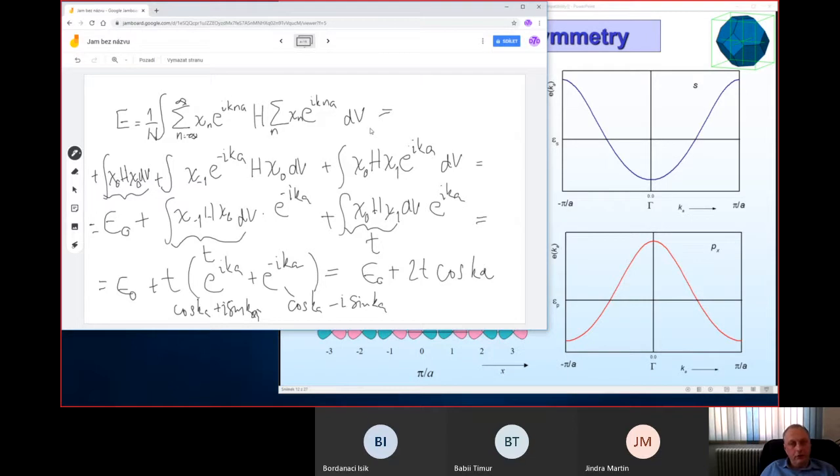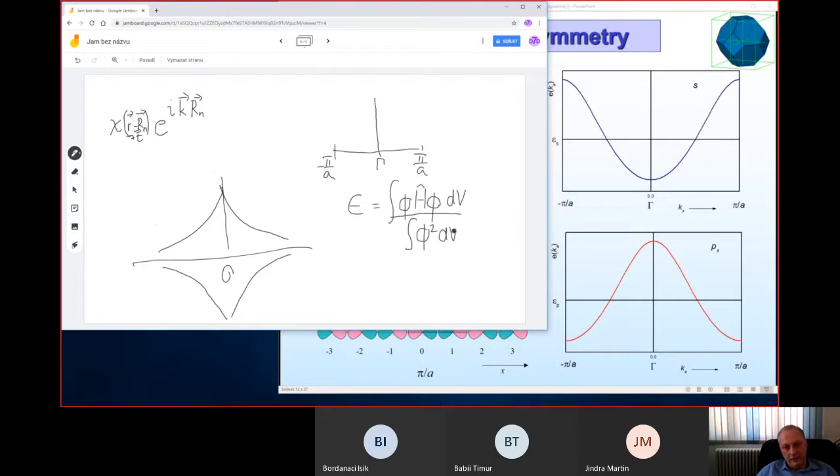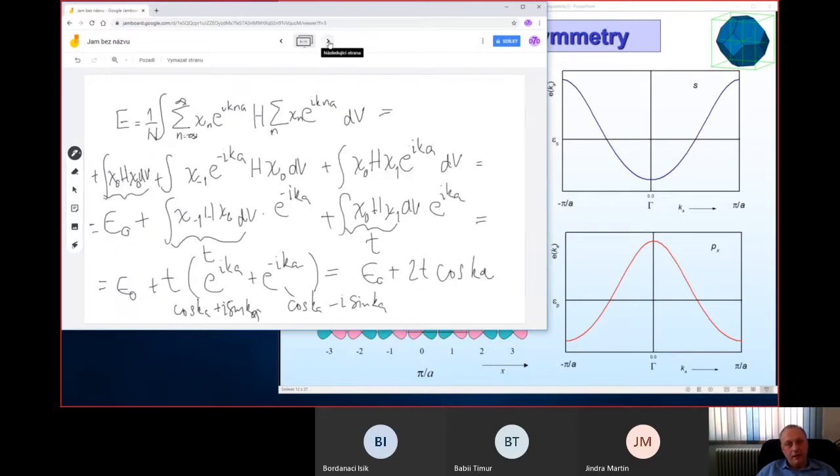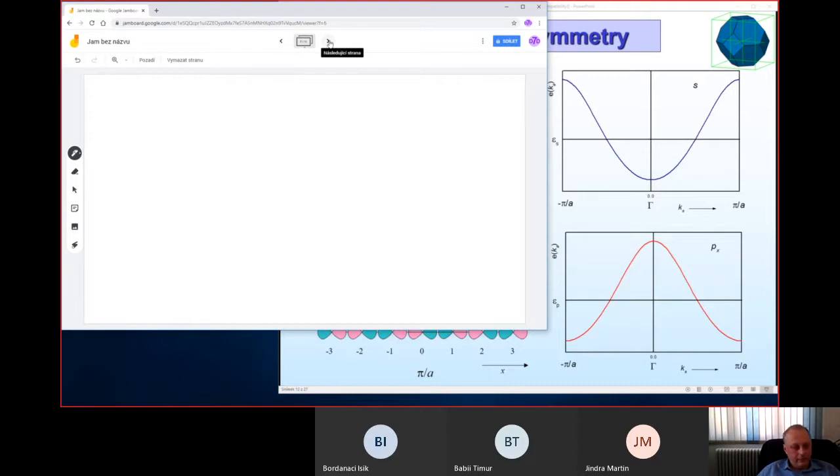If we considered also this overlap integral in the denominator, I will write it, so, the integral of the same function, dV, and it is equal to the integral of chi 0 squared dV, and then the overlap with the orbital in the unit cell 1 and with the orbital in the unit cell minus 1.